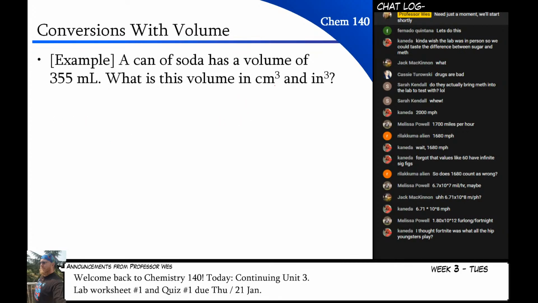Now, a very important relationship for cubic centimeters and milliliters exists, and I hope that you remember it. And that relationship was this. These two things are exactly the same. So when you do the conversion, and you cancel out milliliters and go to centimeters cubed, that's not a very exciting conversion.